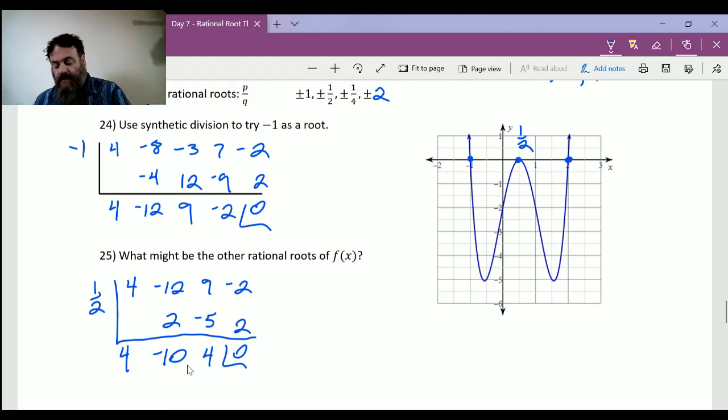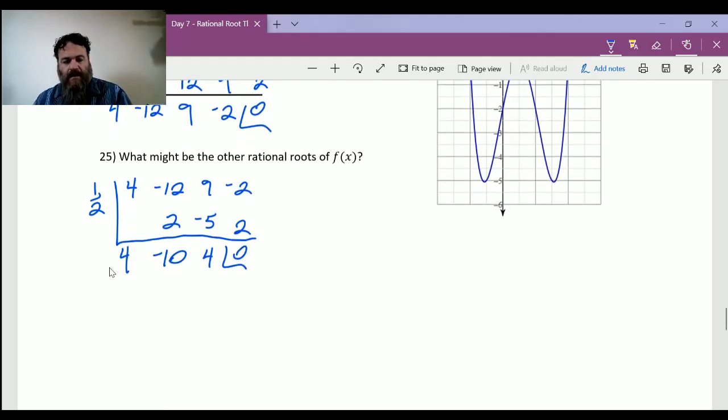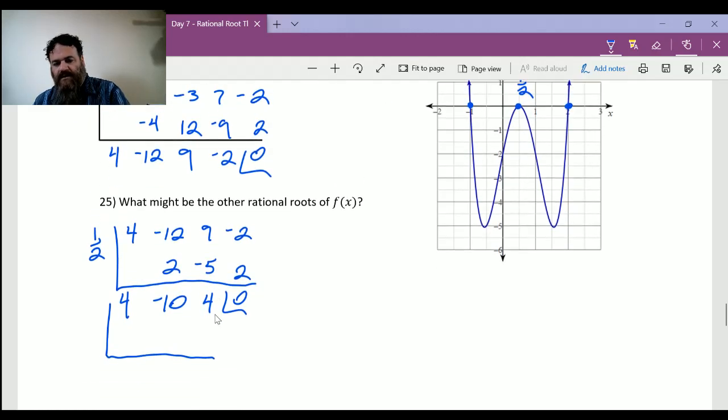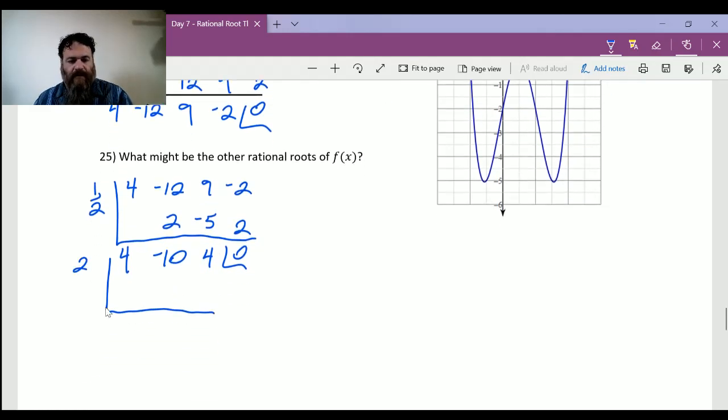Marvelous. Okay. And what was the other one we said was going to end up working? We said 2 was going to work for us. All right. 2 times 4 is 8. Add those together, you've got -2. Multiply those, you've got -4, and it goes away.